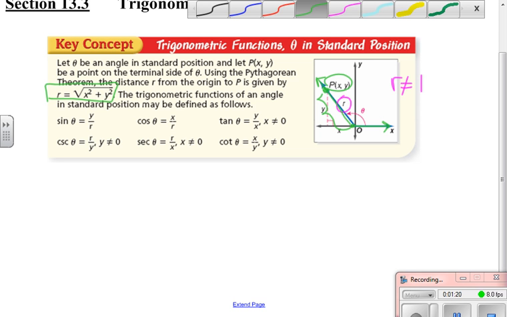Then what happens is all of these trig functions can be related to the xy coordinates and that distance r. Now you know this row is our main row, this row is our reciprocals of the row above it.